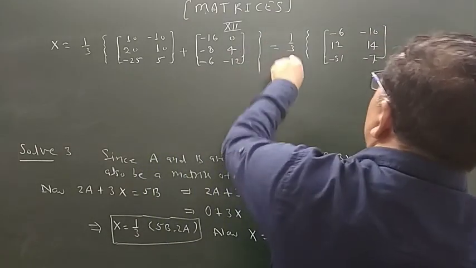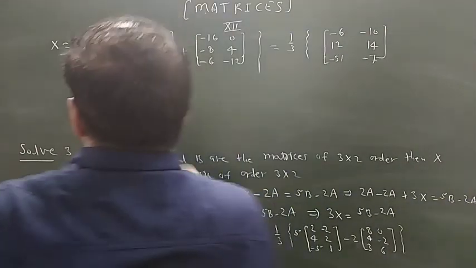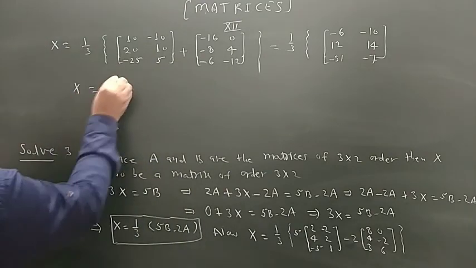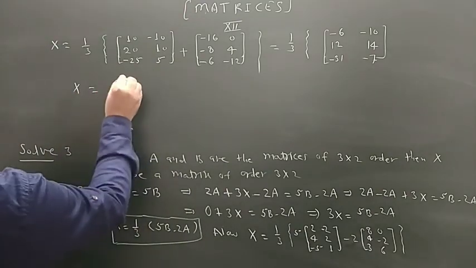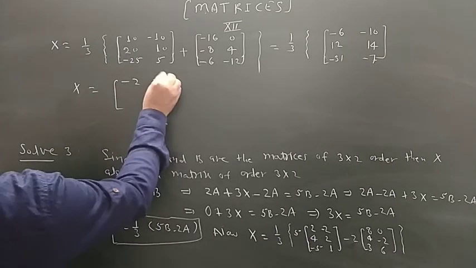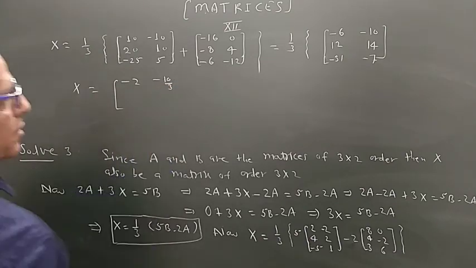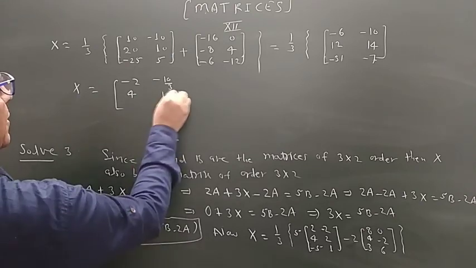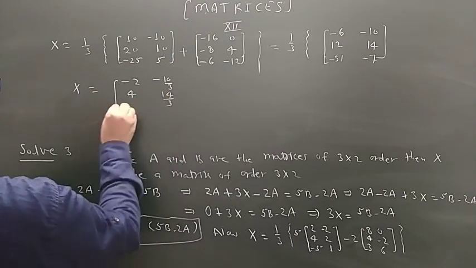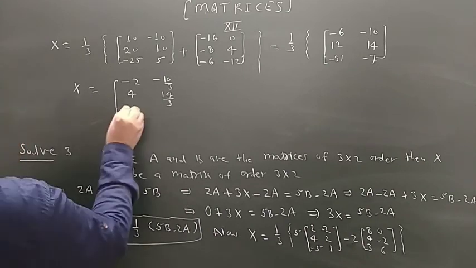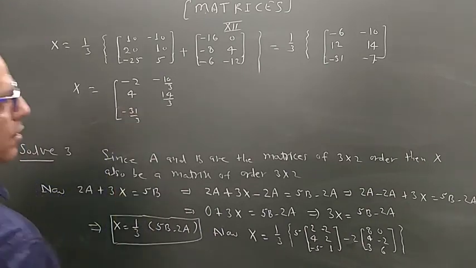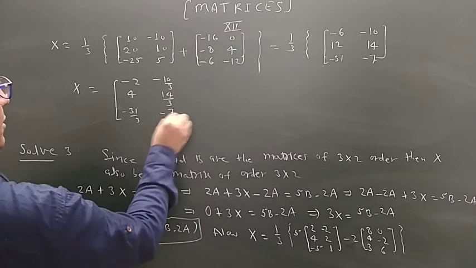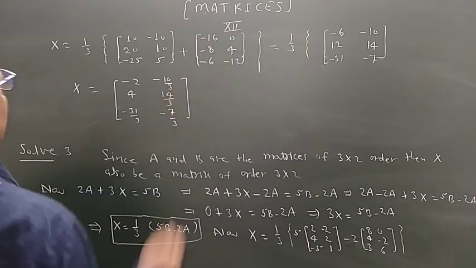And this 1 upon 3 multiplies inside. So now the value of X is given by [minus 2, minus 10 upon 3; 4, 14 upon 3; minus 31 upon 3, minus 7 upon 3]. This is the value of X.